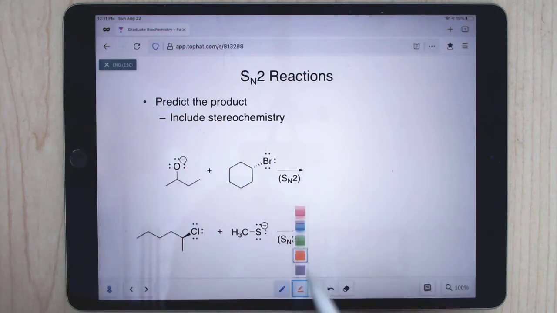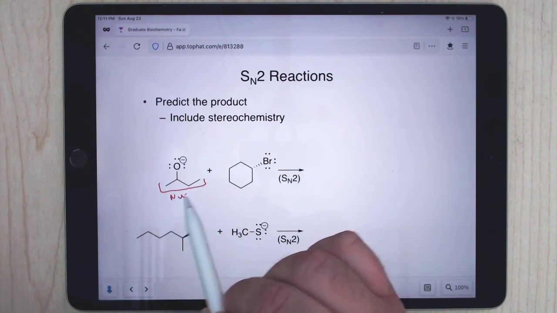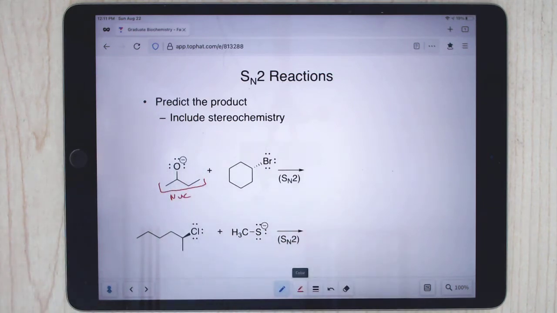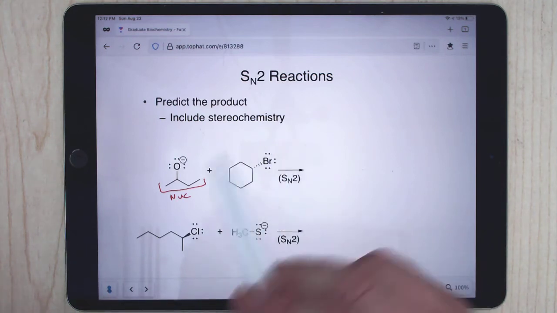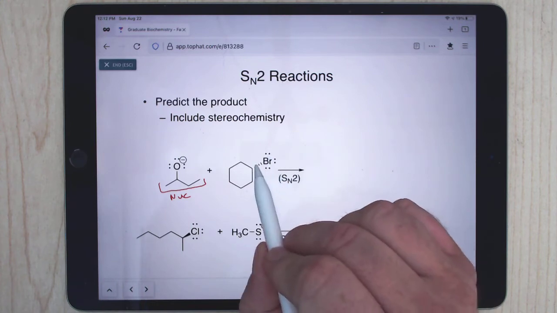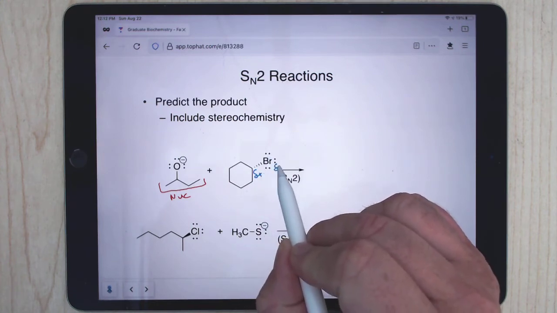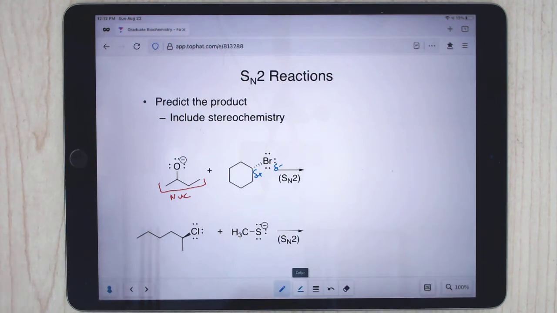Okay, so if we're looking at this one here, here's the nucleophile, because it has the oxygen with a negative charge. It's pretty nucleophilic. That means the other molecule must be the electrophile. So there, we're looking for a polar covalent bond, and that's right here, because all the rest of them are either carbon-carbon or carbon-hydrogen bonds, which are essentially nonpolar covalent.